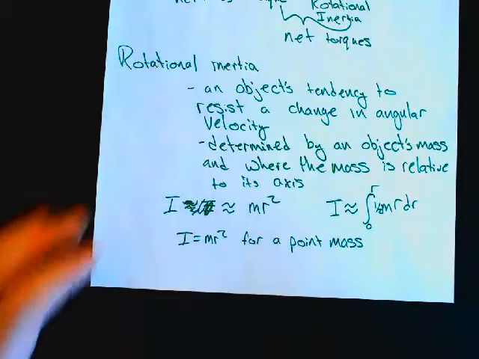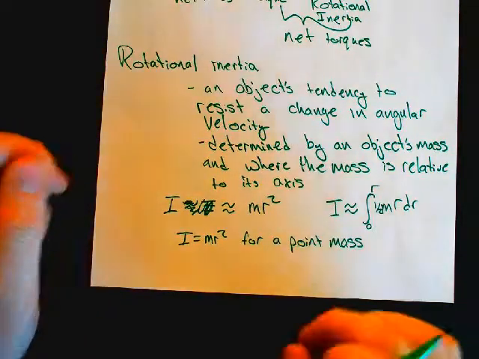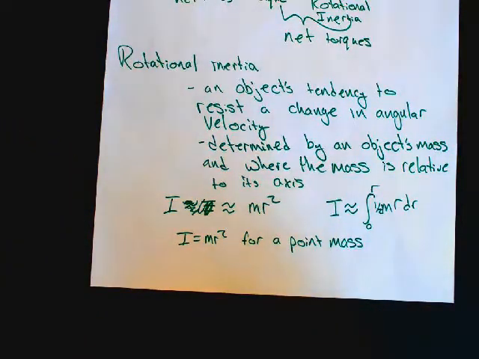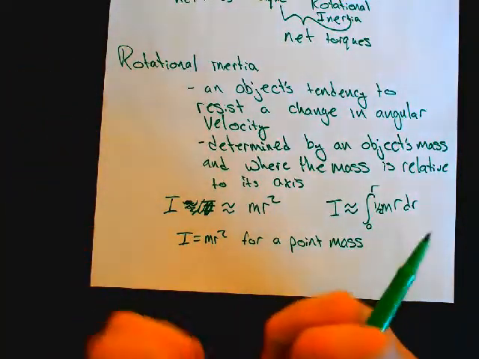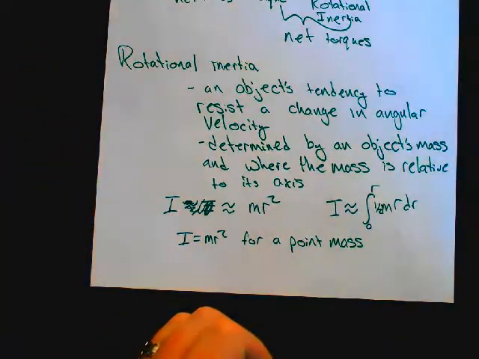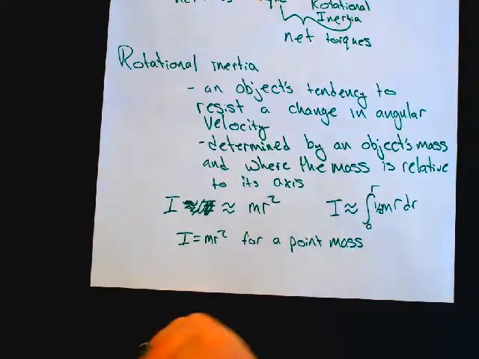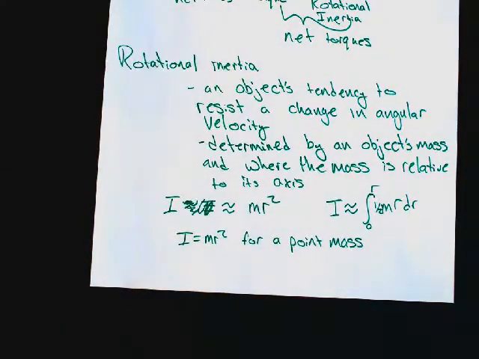Well, what is a point mass? There's only one good way to interpret it. A point mass is an object in circular motion, not rotational motion. What does that distinction mean? It's orbiting. That's a good way to say it. When we talk angular momentum later this week, we'll talk about planets, and the planets have a rotational inertia of mr squared when we are talking about their orbits around the sun.